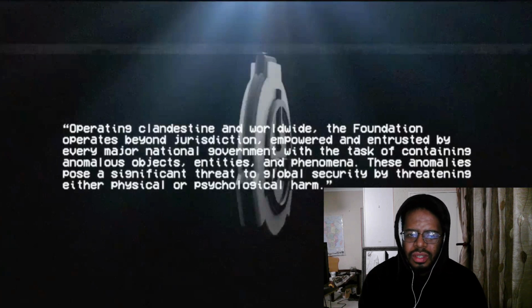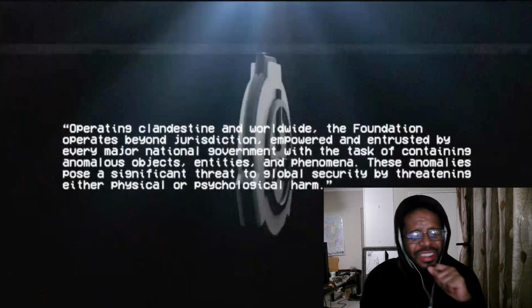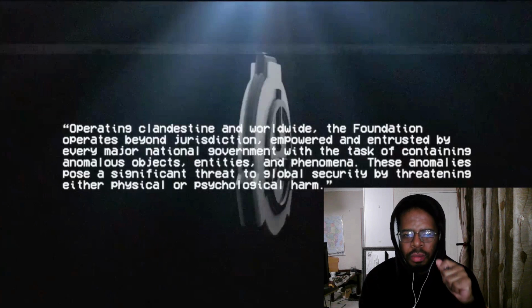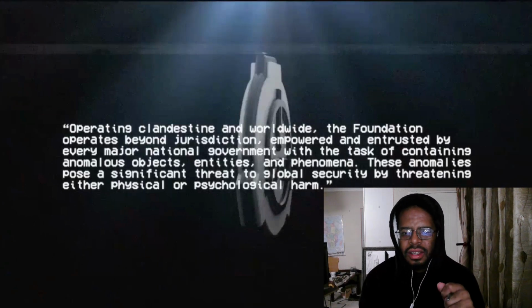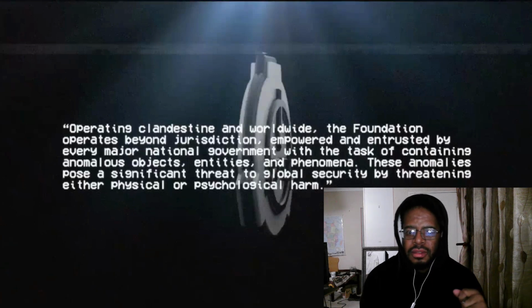So I don't like where this is going already. I don't like the fact that it's a few nations with the economic, military, or political clout that have decided for the rest of the world that this foundation will have the jurisdiction to enter into your country, do as they please, in the name of protecting our physical and psychological stability from harm.